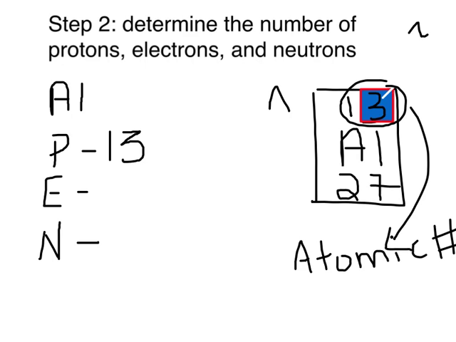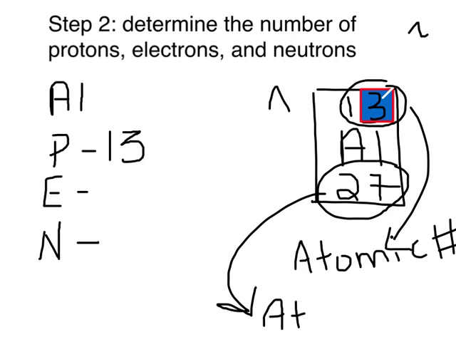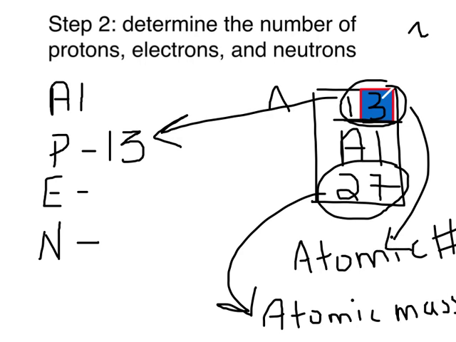And the larger number, or the bottom number, is the atomic mass. Okay? So the number of protons is always equal to the top number, the atomic number, so that's where I got 13 from. In grade 9, the protons and electrons are always equal, so this is 13 as well.